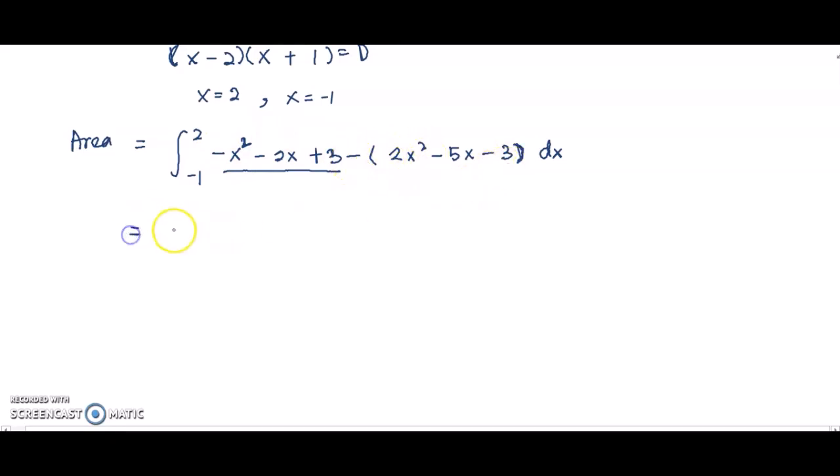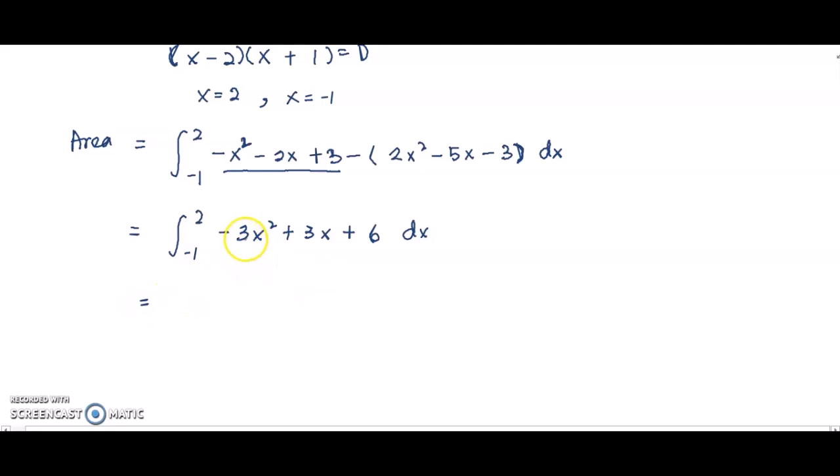Now we simplify before we integrate. Negative x squared minus 2x squared, you get negative 3x squared. Negative 2x plus 5x, you have positive 3x. And 3 plus 3, you get 6. Now we can start to integrate.